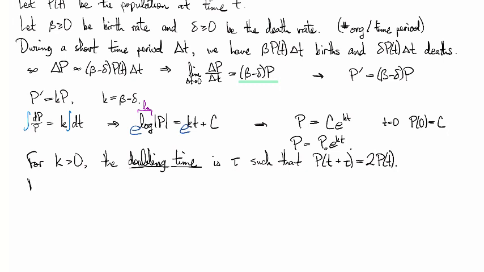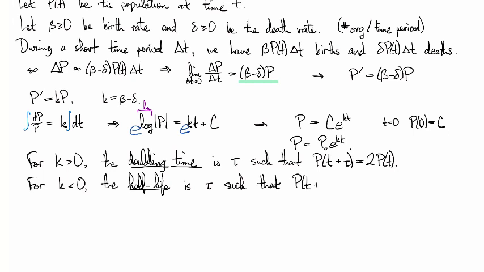And for negative k, the half-life is the time interval tau such that if we allow that much time to elapse, then we end up with half of what we originally began with.